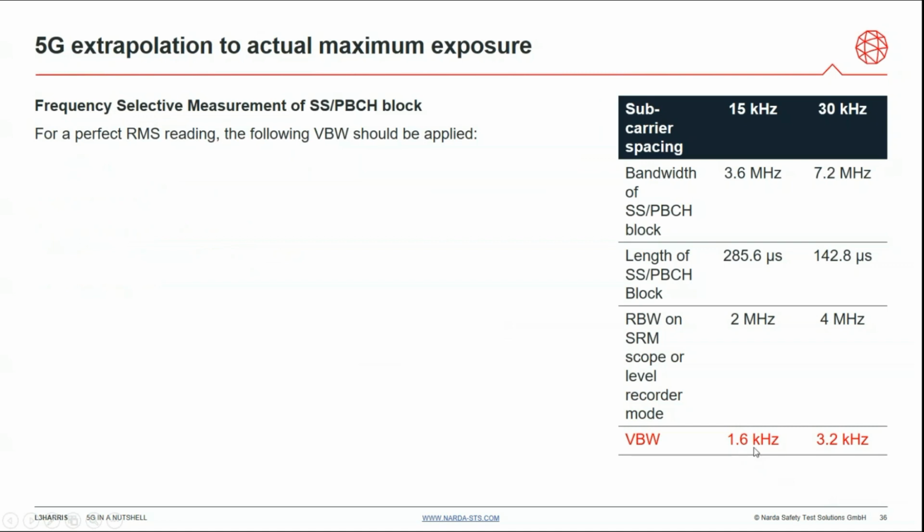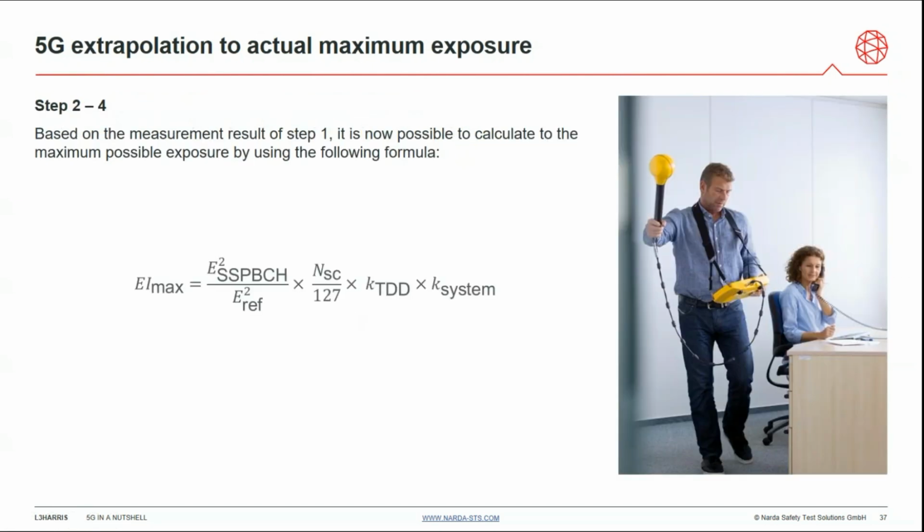The video bandwidth to smooth that signal and to get a reasonable average reading is then 1.6 kilohertz in the 15 kilohertz subcarrier spacing case, and 3.2 kilohertz in the 30 kilohertz case. That's it.